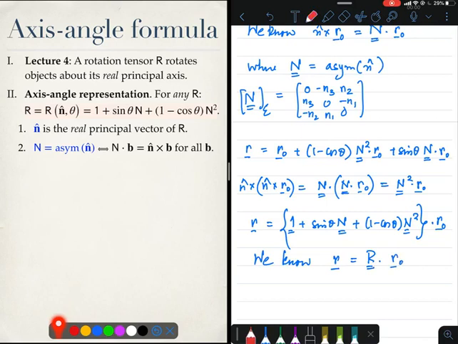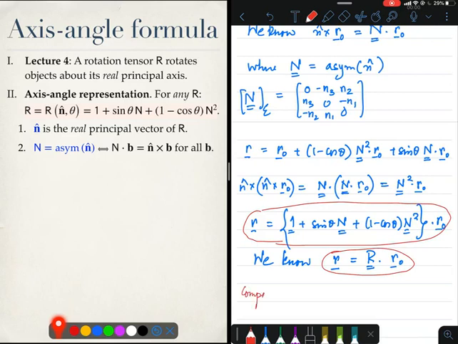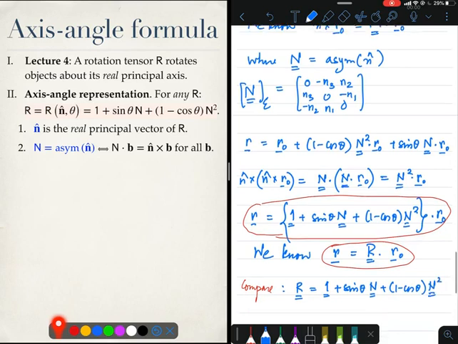So if you were to compare this formula and this formula, you will get that R is 1 plus sine theta n plus 1 minus cosine theta n square, okay, which is what I have over here, and that's the proof.